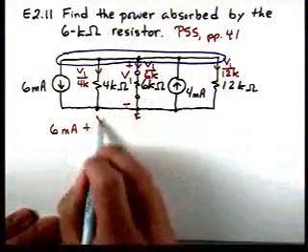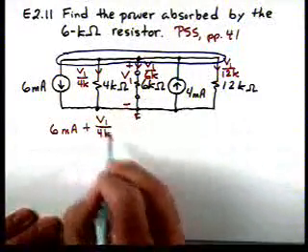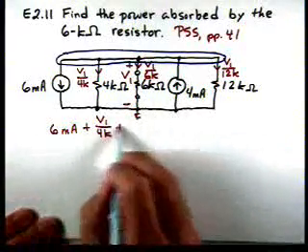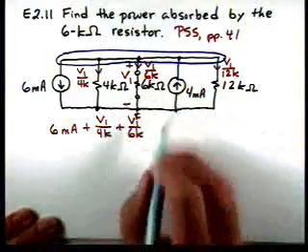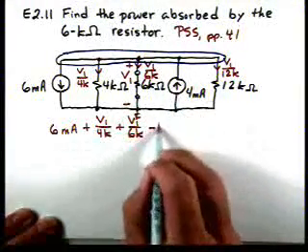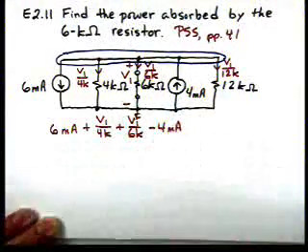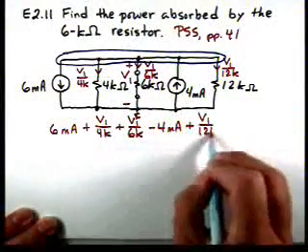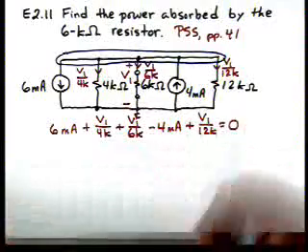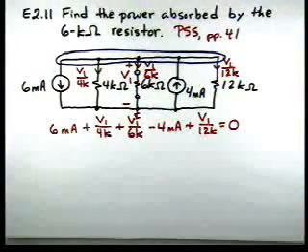This current's leaving, we'll have V1 over 4K. This current's leaving, we'll have V1 over 6K. This current's entering, the equivalent current leaving would be minus 4 milliamps. And then for this current leaving, we'd have V1 over 12K, and that's equal to 0. So there's our KCL equation.